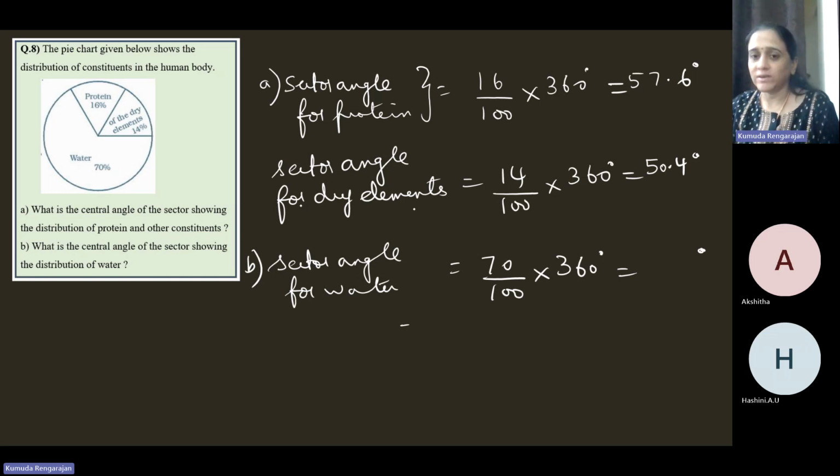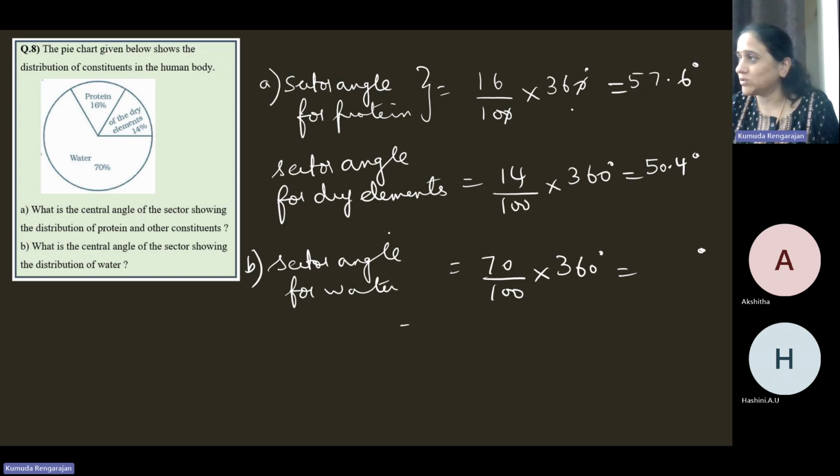And one more thing: when you simplify, don't cancel this 16 and 10. Just multiply 16 into 36 and divide by 10. You can just place the decimal point instead of multiplying and dividing again.